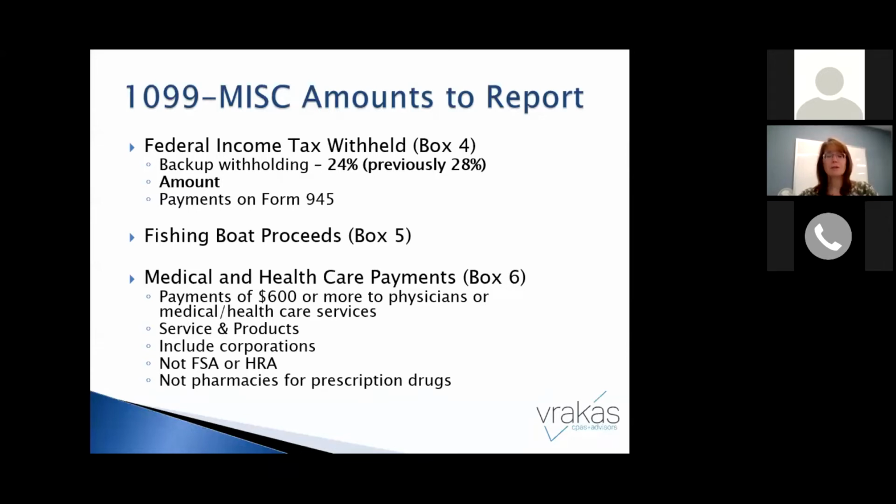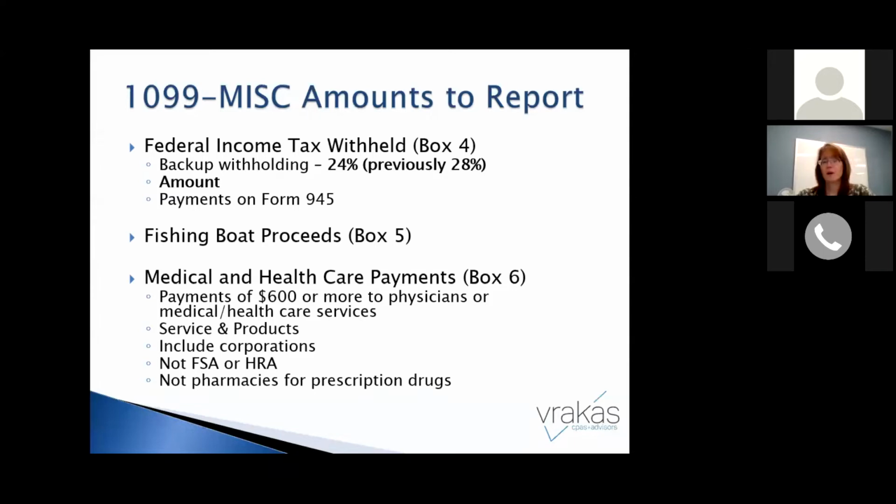But box 6 can be used sometimes. This is one of the exceptions for submitting to a corporation. Box 6 is for medical or healthcare payments of $600 or more. Again, this is in your trade or business.